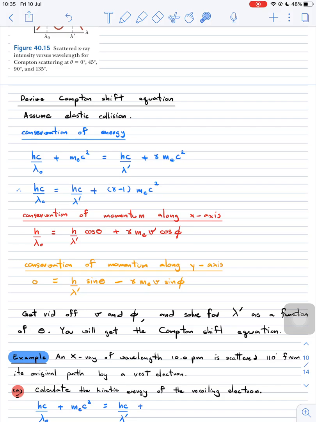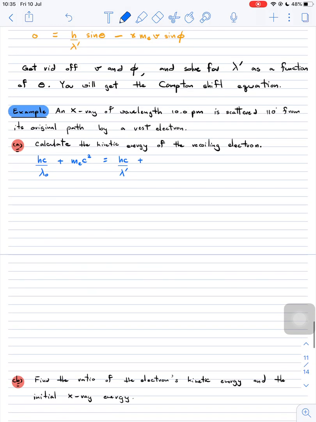It is the combination of the rest energy of the electron plus the relativistic kinetic energy of the electron, so we can separate this into two terms: the rest energy plus the kinetic energy of the electron, because the question needs us to compute the kinetic energy.